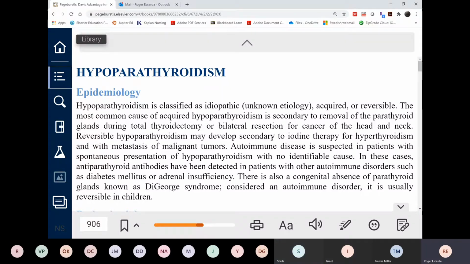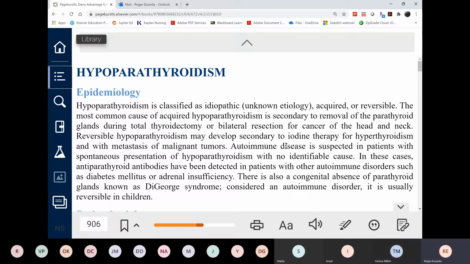Okay, so for hypoparathyroidism, the only function of the parathyroid glands is to increase calcium levels. It does so by releasing the parathyroid hormone, which causes bone resorption. So the parathyroid hormone will get calcium from the bone and put it in the bloodstream for use in the body.